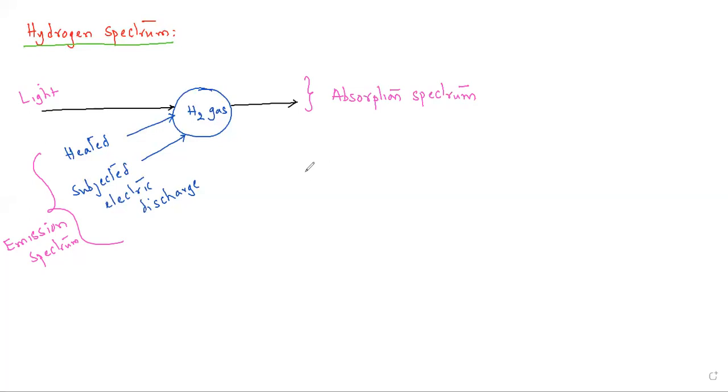It is because when hydrogen gas is heated or subjected to electric discharge, or when light is passed, what happens? Electrons present in the atoms of the gas get excited. Yes, we know that. Now in this I have two cases.